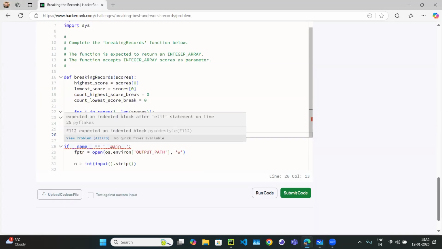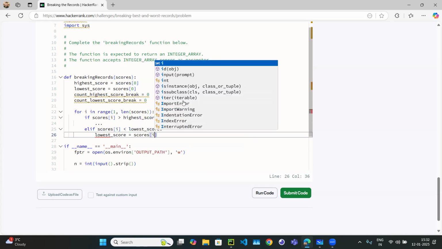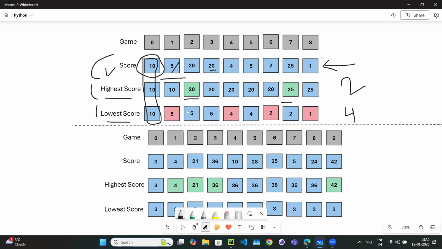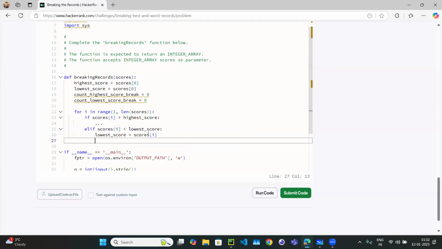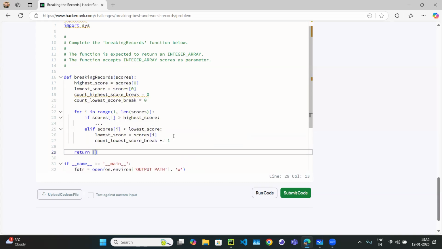So the new lowest score is scores of i, and count of lowest score break. So till now she broke it one time, right? And we need to return an array with the count of highest score break and count of lowest score break.